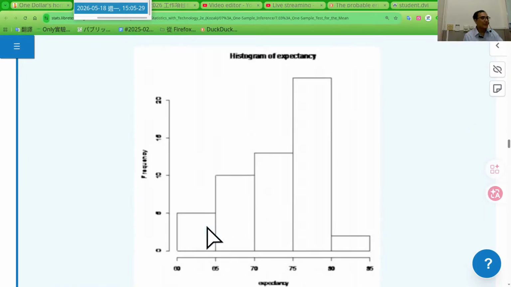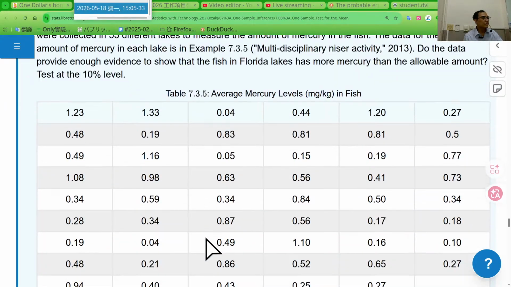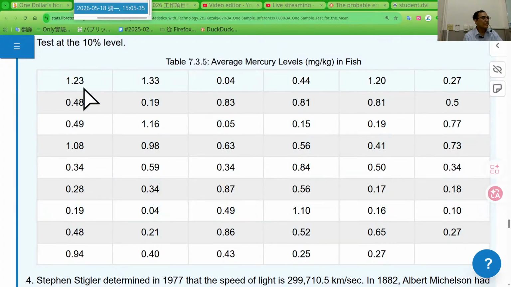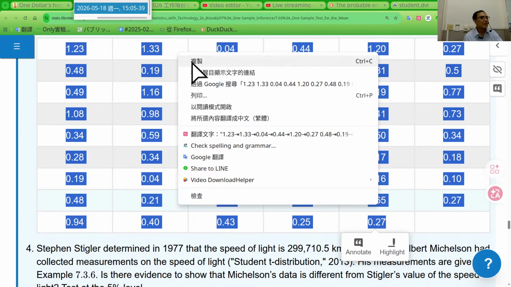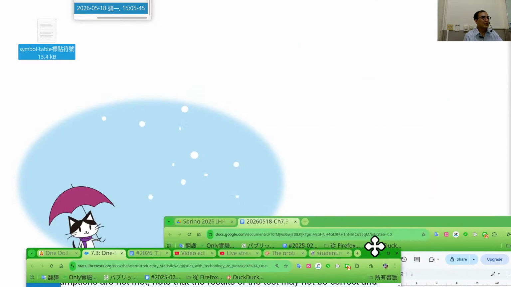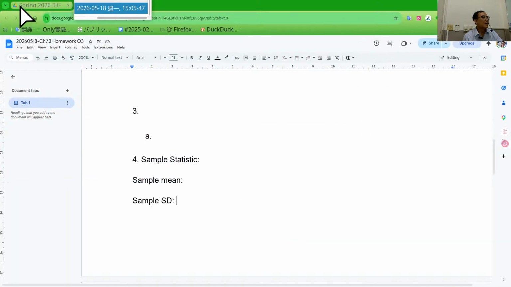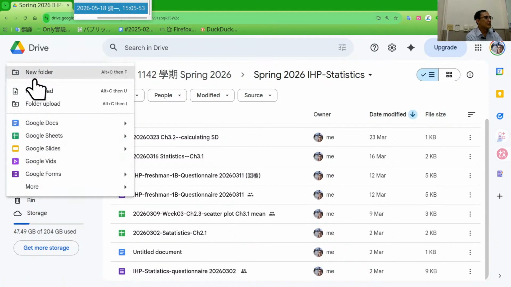We have the numbers here. Select them and copy, and have a new file in your Google Drive: new file, Google Spreadsheet, or called Google Sheets.